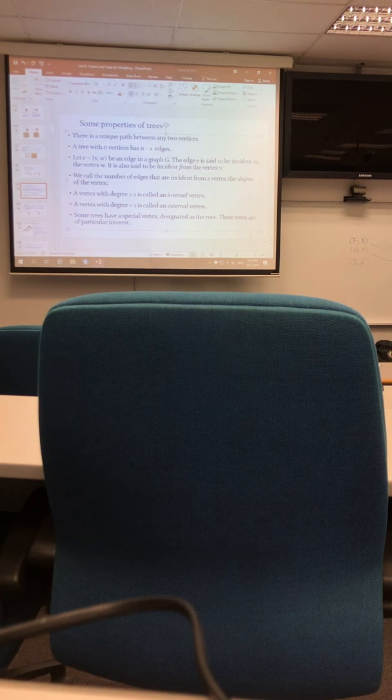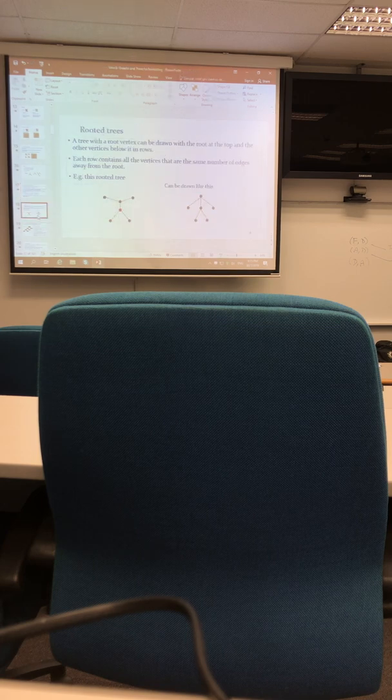V and W are two different points. A tree with a root vertex can be drawn with the root at the top.